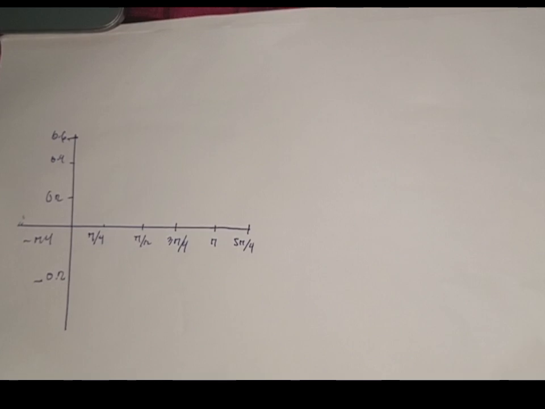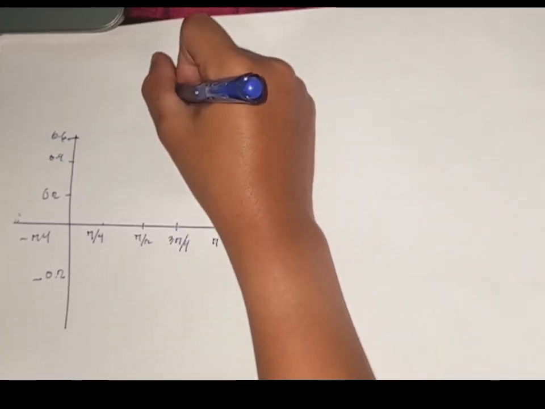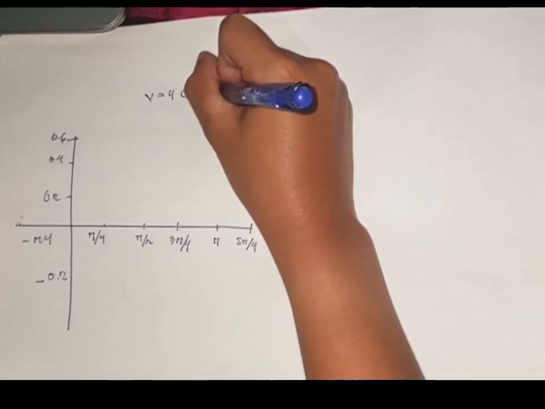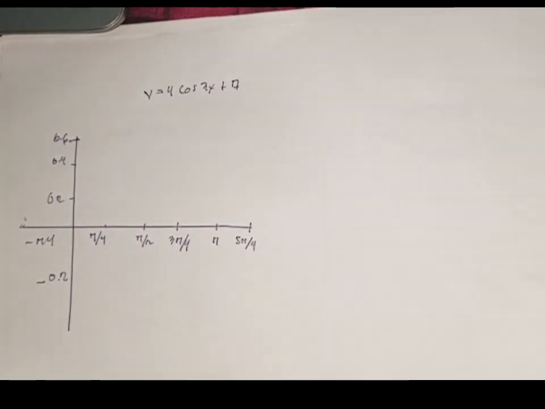So now let's try to graph a more challenging cosine function. We have y equal to an amplitude of 4 cosine of 3x plus 7.